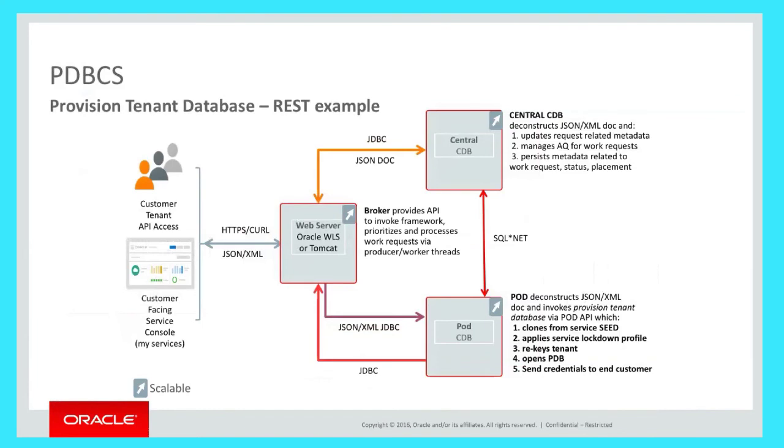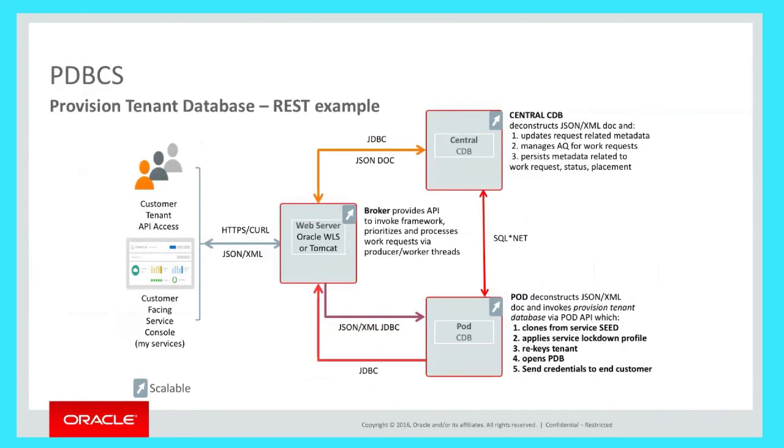So in a single REST workflow, create a pluggable database, we will consume a JSON doc provided to us from the web service that will identify the service that is being requested and the shape of the database requested.